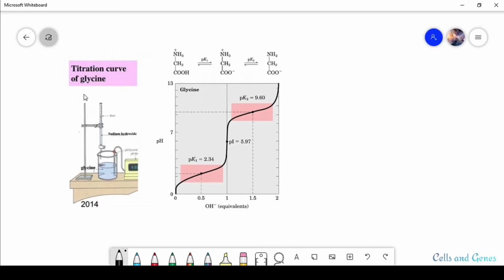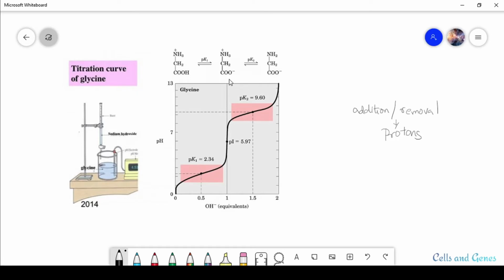In general, acid-base titration involves the addition or removal of protons. Here the plot has two distinct stages, and it shows the diprotic form of glycine.